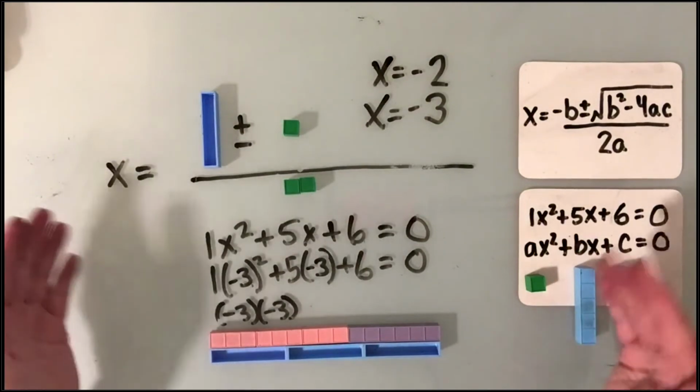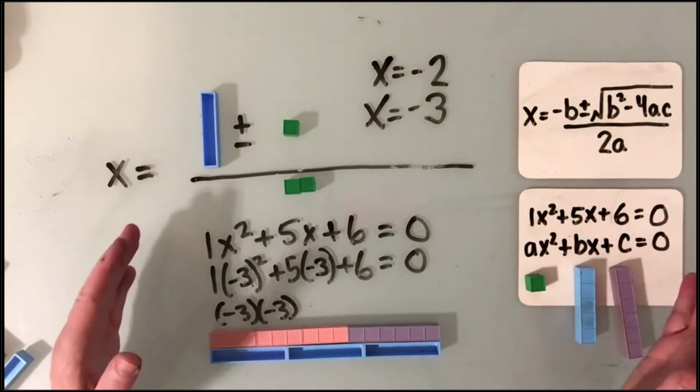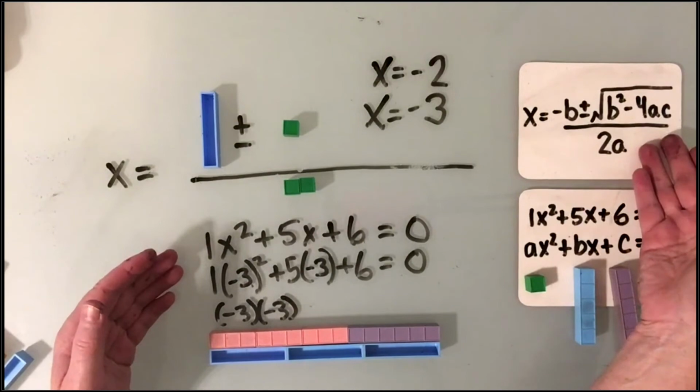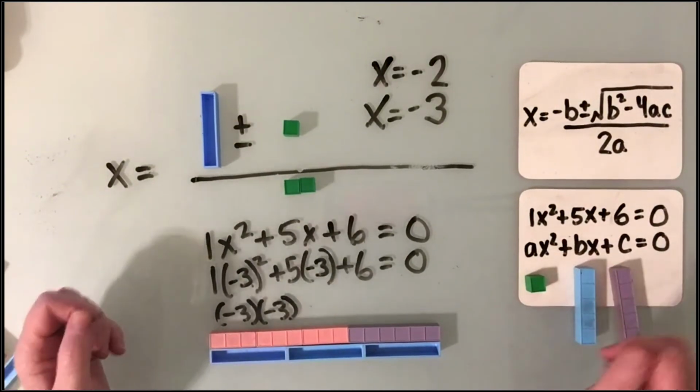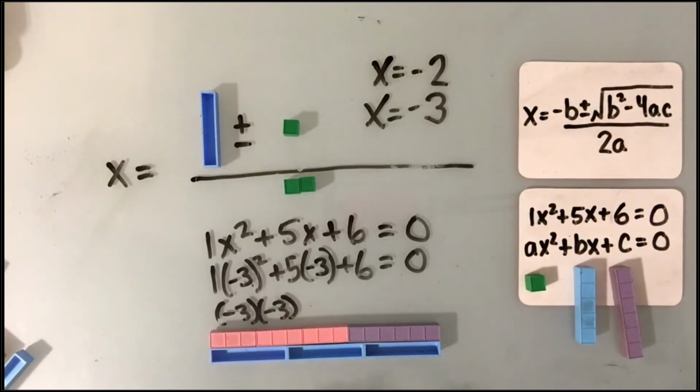We don't want to be doing major fractions, major square roots, all that kind of stuff in our answers. We want simple and easy so that they can understand the concept. Once they understand the concept, then we can get more complicated.